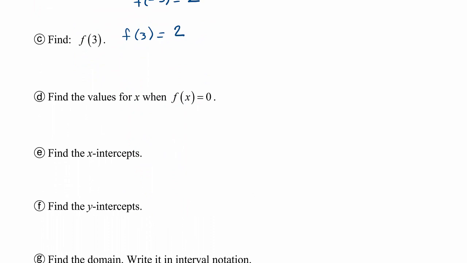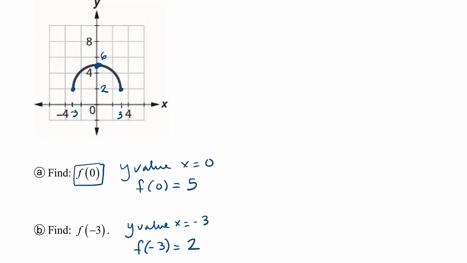Find the values for x when f of x equals 0. So we're looking for x values. Find the values for x when y is 0. Let's go back to the graph. Y is 0. Uh-oh. What do you notice? This graph, we don't have a y value of 0.